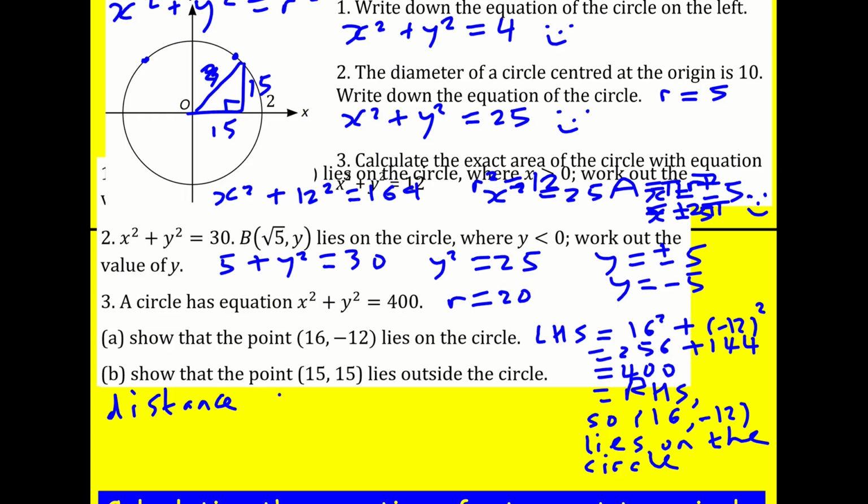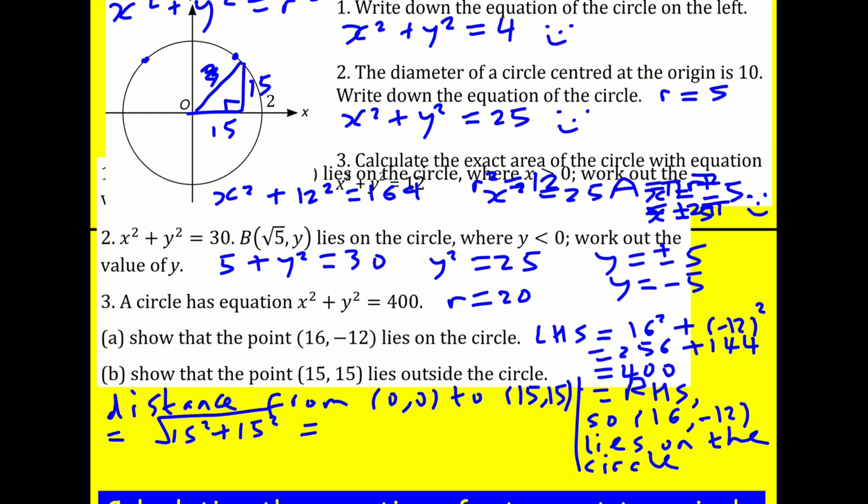So distance from (0, 0) to (15, 15) equals 15 squared plus 15 squared, square rooted. 15 squared, I believe, is 225. So it's going to be 225 plus 225 square rooted, which is root 450.